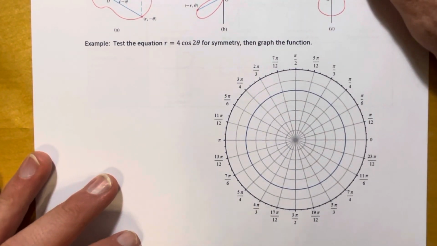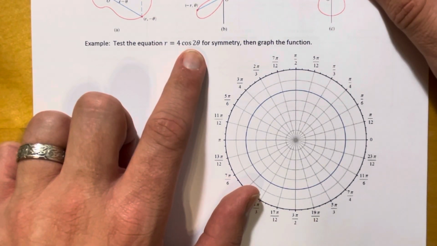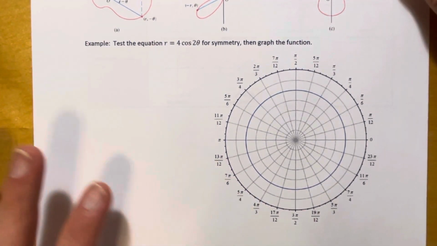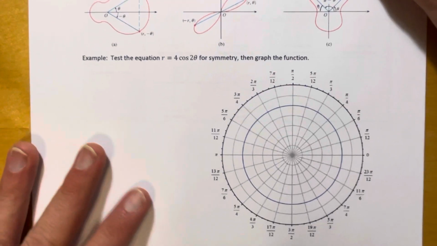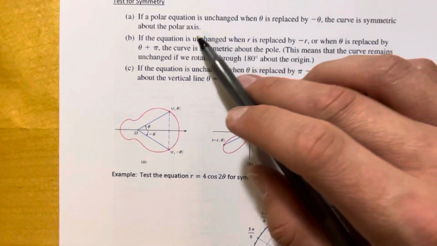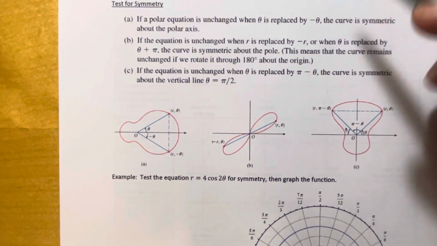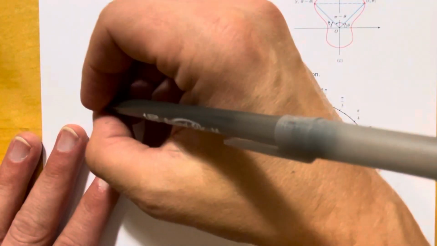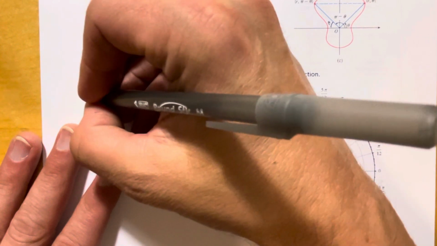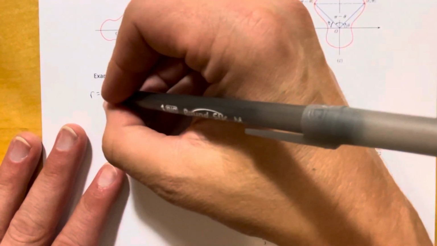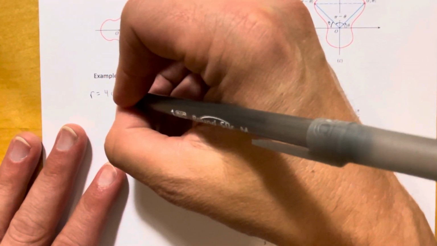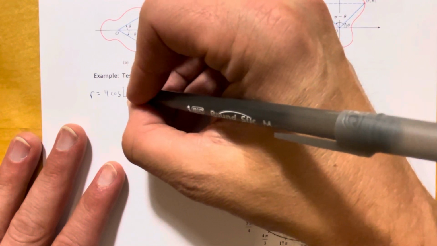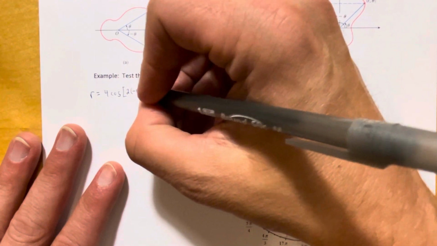I want to test the equation r equals 4 cosine of 2 theta for symmetry, and then I want to graph this function. So looking at our tests, the first thing I can do is replace theta by negative theta. So if I did that, r equals 4 cosine of 2 times negative theta.